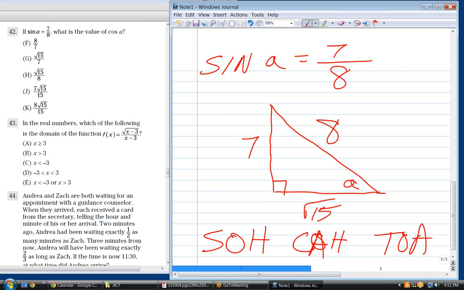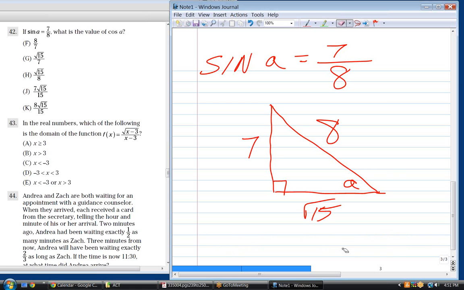Okay. You really want to get to a point where you don't have to refer to SOHCAHTOA when you think about trig. Yeah, I need to get to that point. So what's the cosine of A? The cosine of A would be square root of 15 over 8.